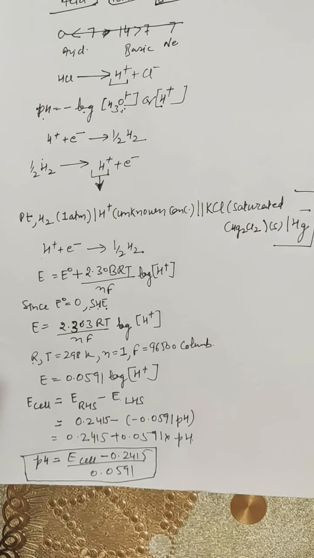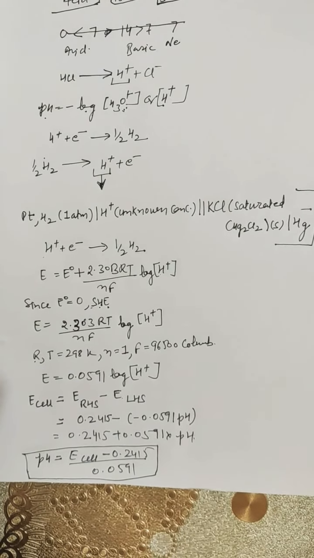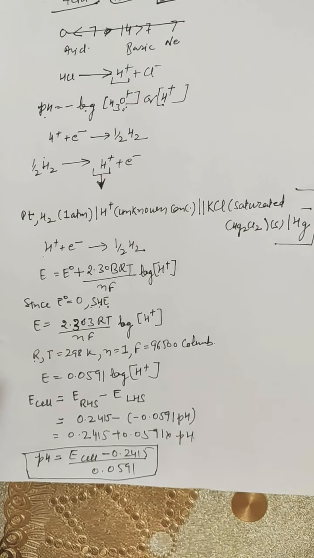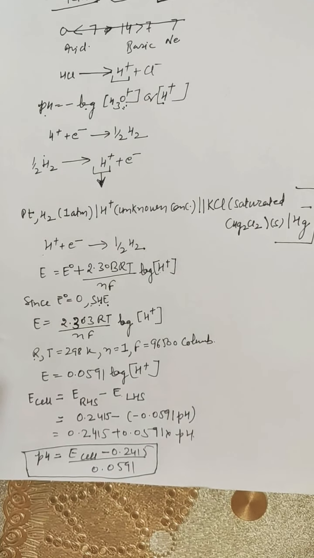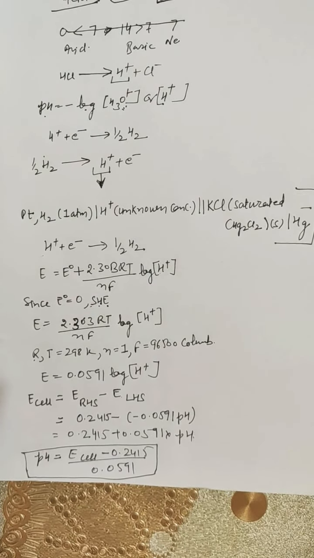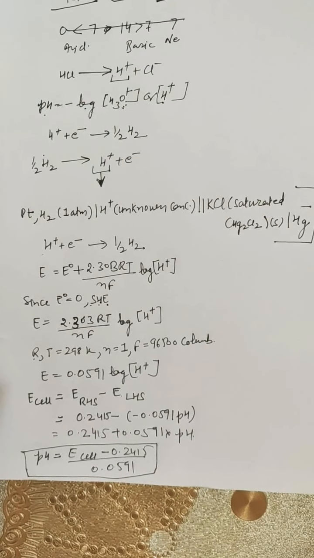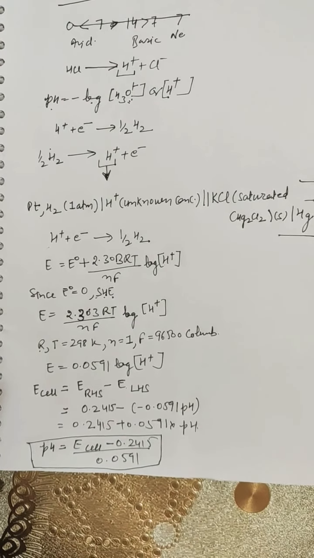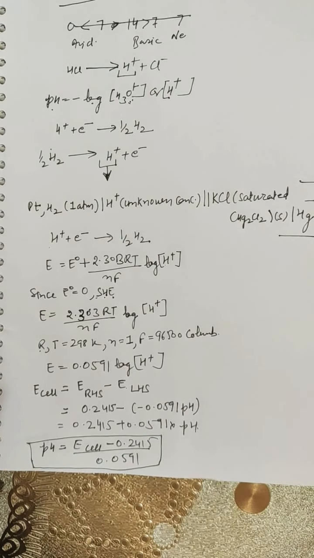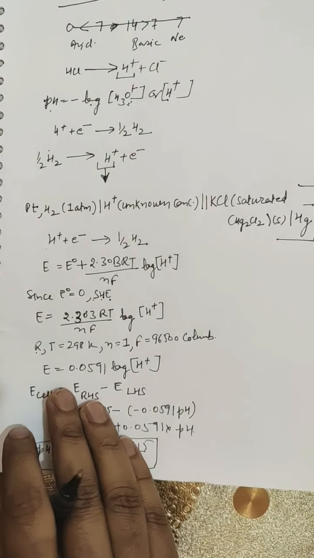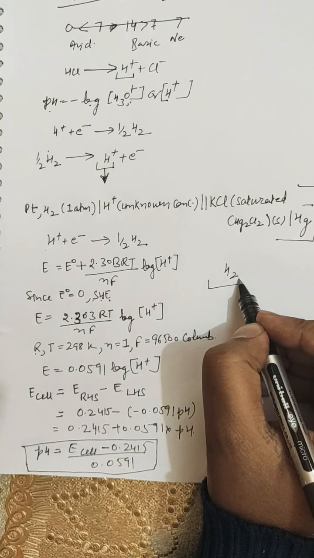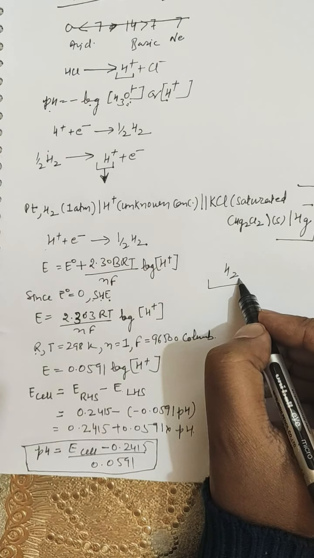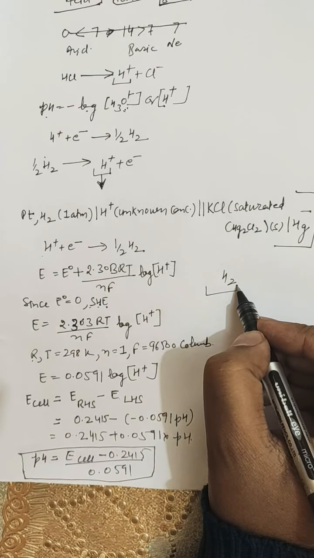Further, these are some of the merits and demerits of this hydrogen electrode. The hydrogen electrode gives an absolute value of pH while other electrodes give a relative value. However, it is not convenient for routine measurement of pH because first of all it requires hydrogen gas and it is difficult to set up and transport. You know well that hydrogen is very volatile, and this electrode involves hydrogen gas, so it is very difficult to handle.